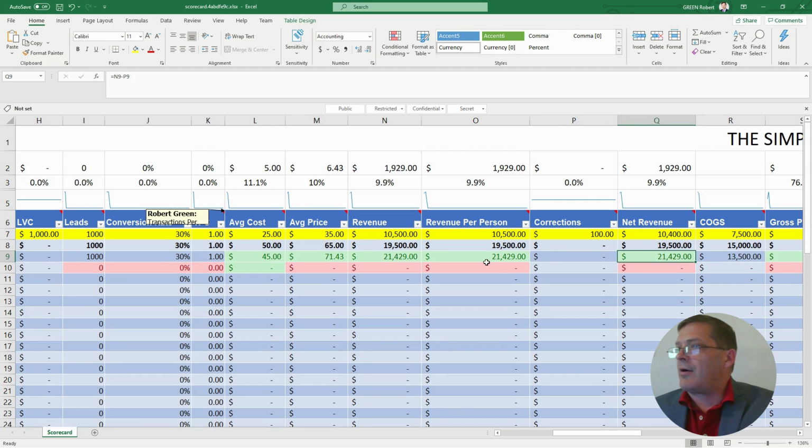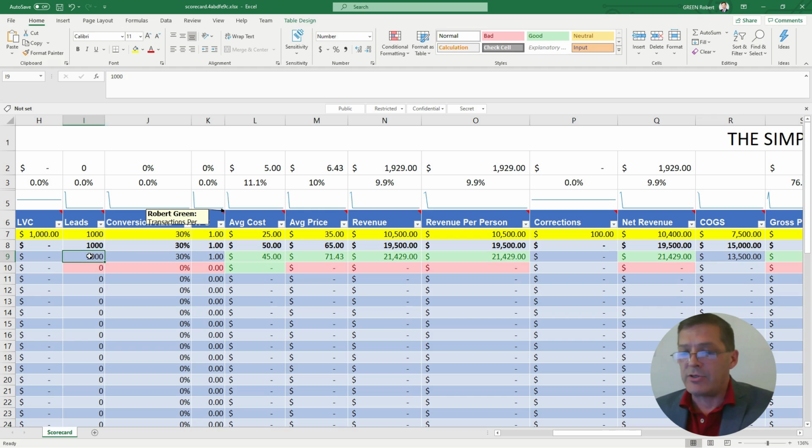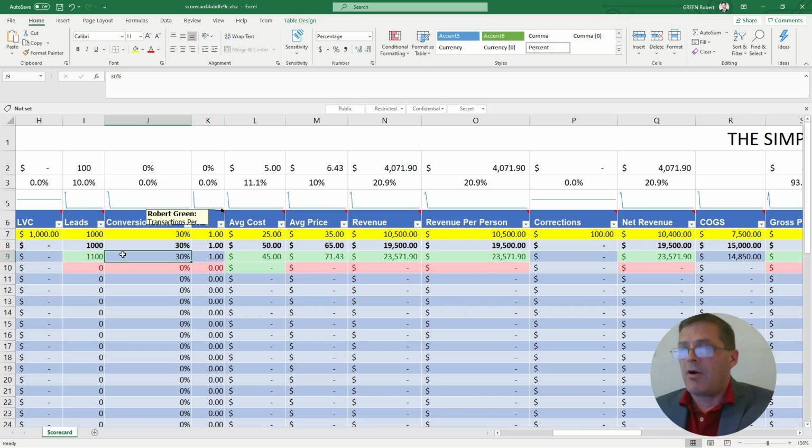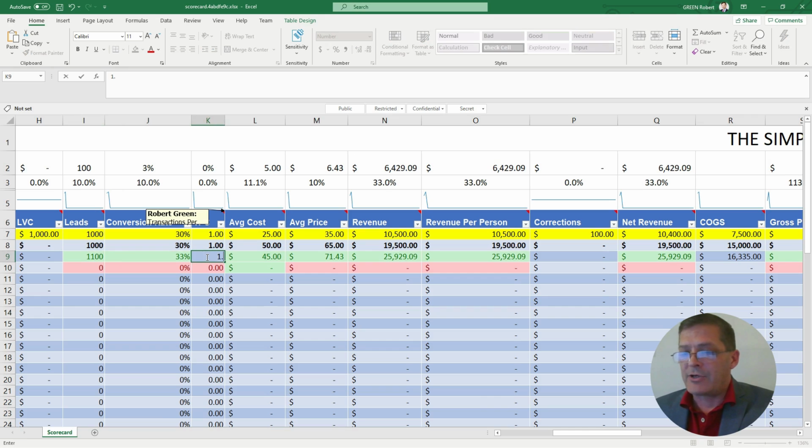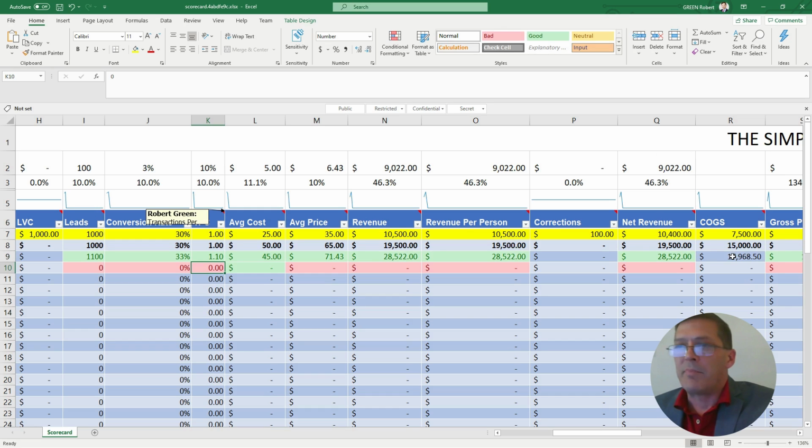We see that our revenue has gone to $21,000 just based on the price point alone, and our costs have gone down from $15,000 to $13,500. This is the trend that we want. But because we already adjusted our leads by 10%, our conversion rate by 10%, and our number of transactions by 10%, it appears that our costs have gone up, but that's only because we're actually selling way more product or services.